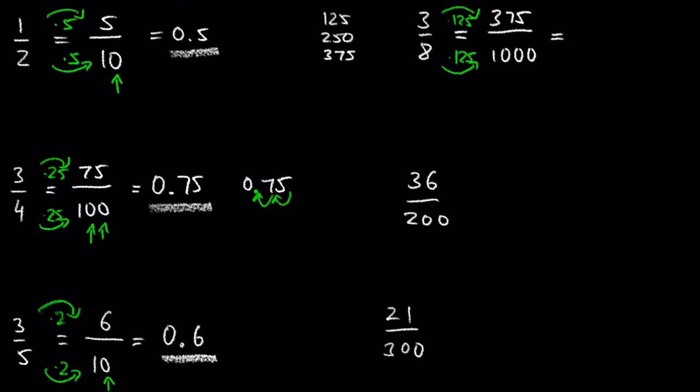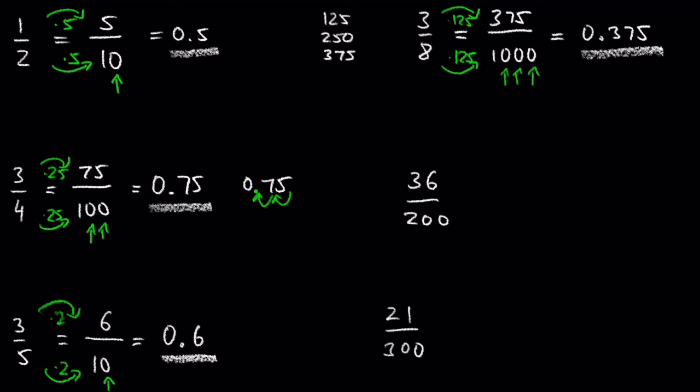So 3 over 8 is equivalent to 375 over 1000. 3 zeros after the 1 shifts the decimal point from 375 3 places to the left, and we get 0.375. So 3 over 8 is equivalent to the decimal 0.375.